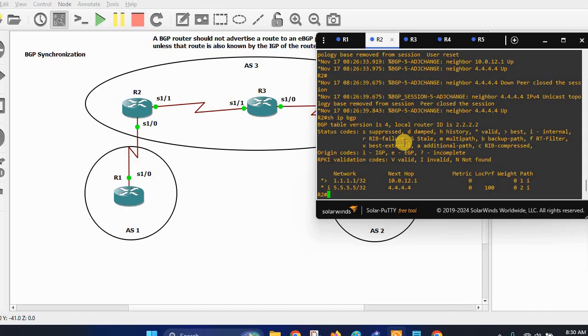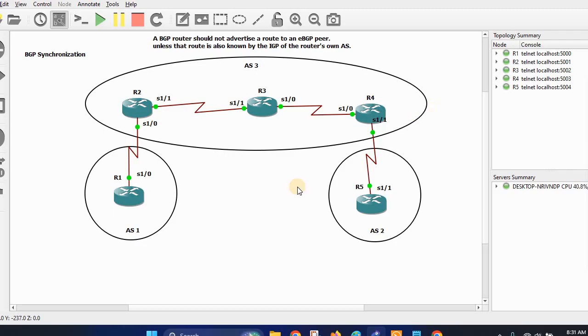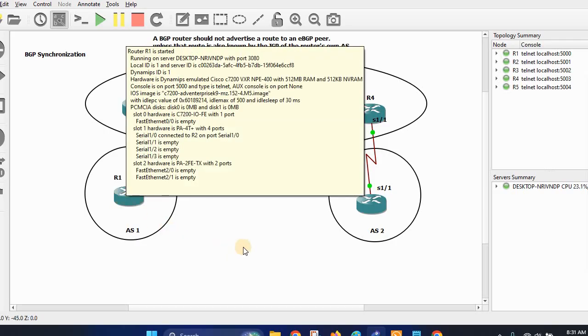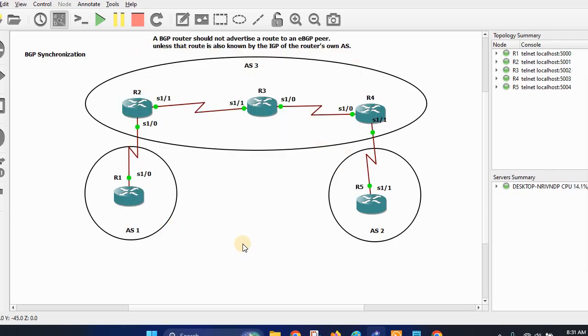As per this, the synchronization lab is done, because we enable and disable the synchronization on R1, R2 and R4. When R2 and R4 are enabled, the update will not come, because OSPF does not have that particular update, so it will not be advertised to the iBGP peer.